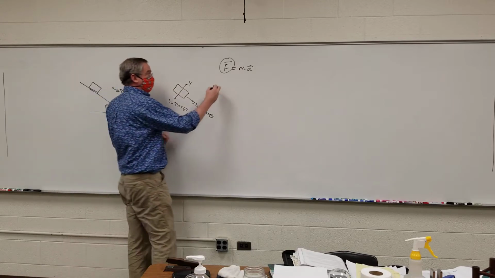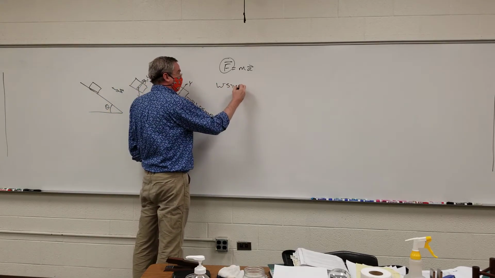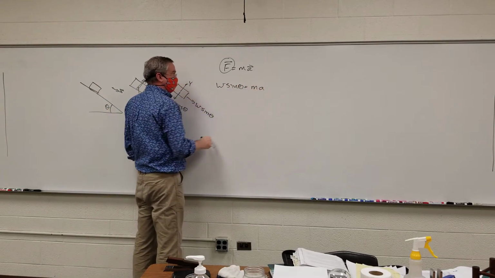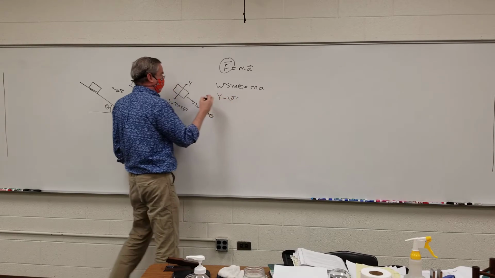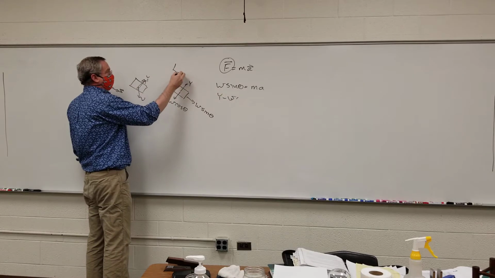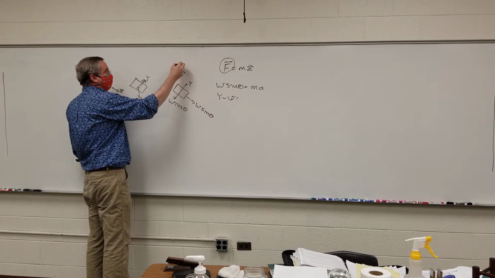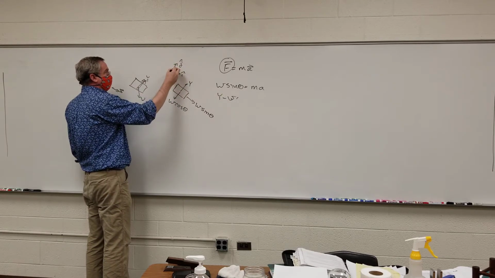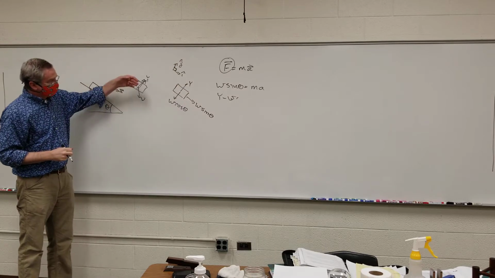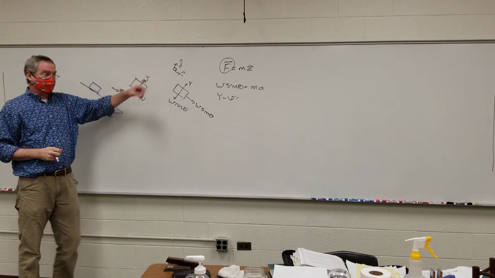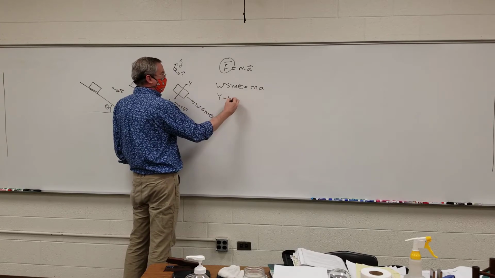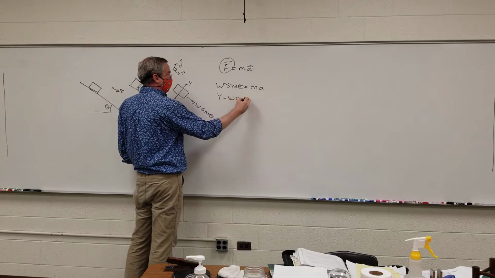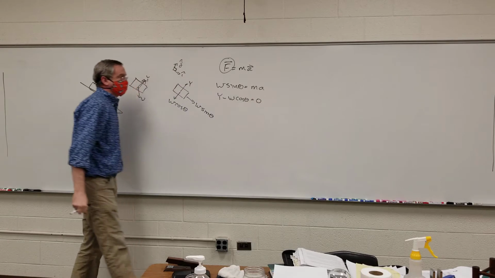So I have W sine theta is equal to mass times acceleration, and then, let's be more formal about it, i hat down the ramp, j hat away from the ramp, Y minus W cosine theta is equal to 0.